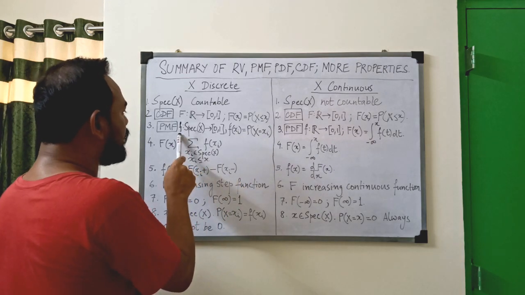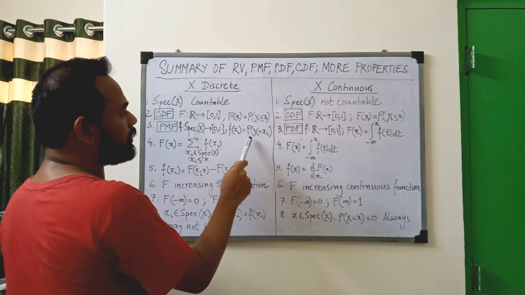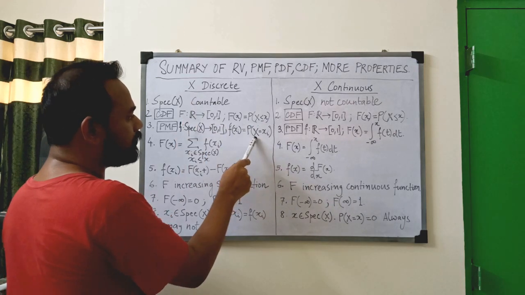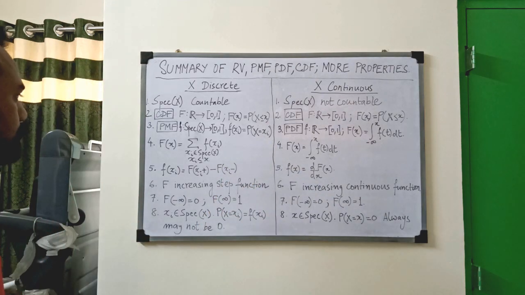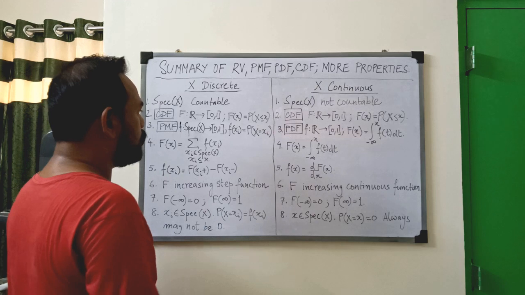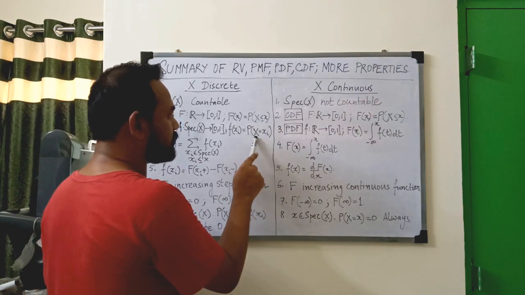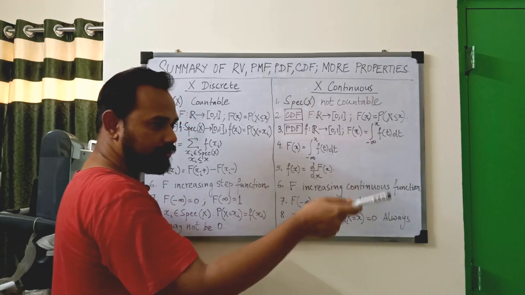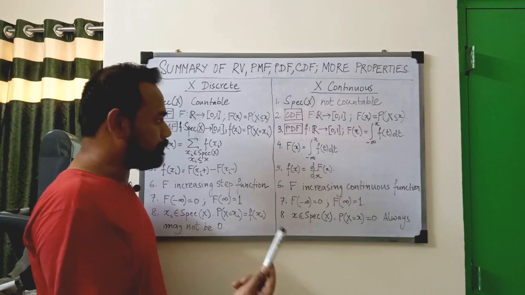So the small f, or the PMF, at any point xi in the spectrum is given by the probability that the value assigned is xi. For example, in our example, x equals 1 was the code for the red balls.